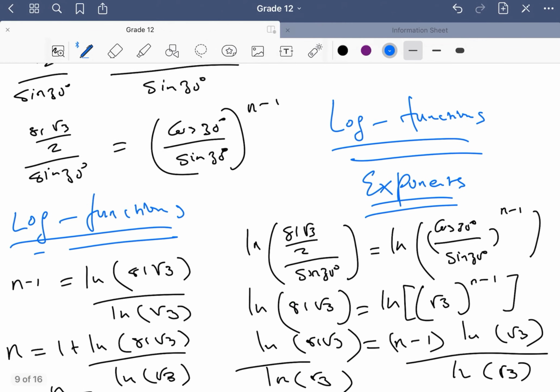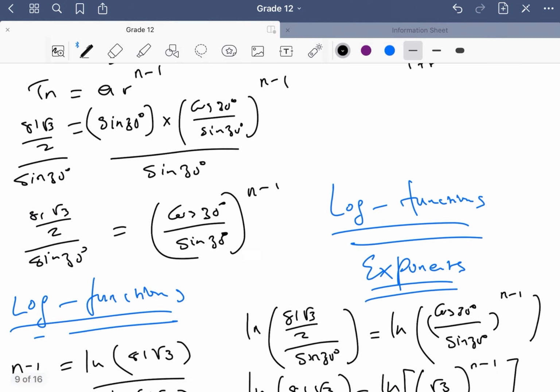As long as you get a positive integer, then that's your n. So if 1 plus natural log of 81 square root of 3, punch that in your calculator, over ln square root of 3, your answer is 10. That's what I'm getting. I'm getting 10.